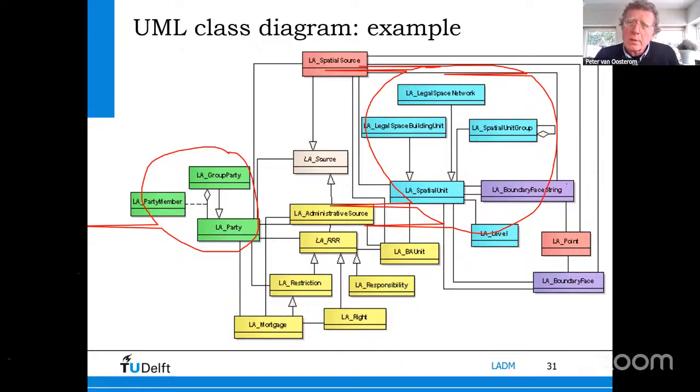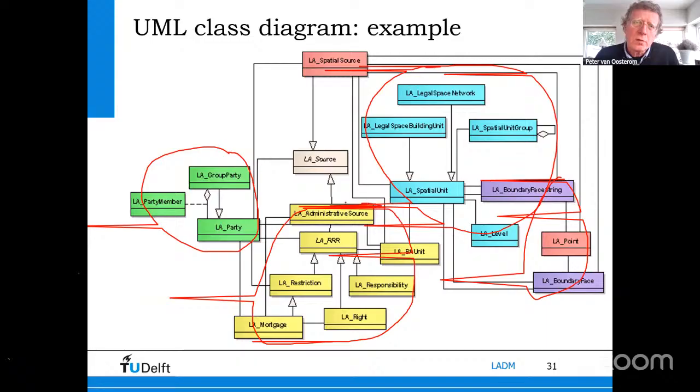On this side, there's the surveying aspect to collect the boundaries. And in the middle, there is the yellow part, that is the legal part. I'm not sure why my drawing is giving you these funny points. But persons are related to spatial units, parcels. And there are a number of specializations like buildings and networks, utility networks, for example.